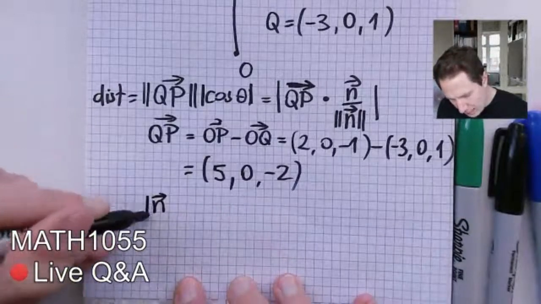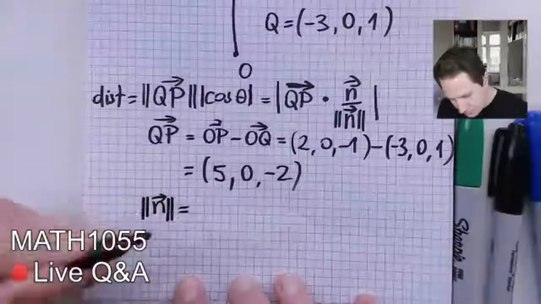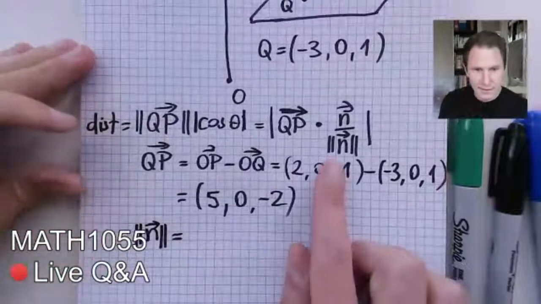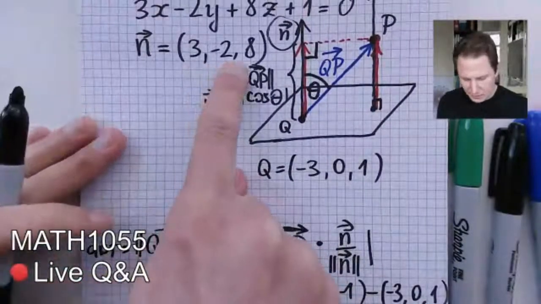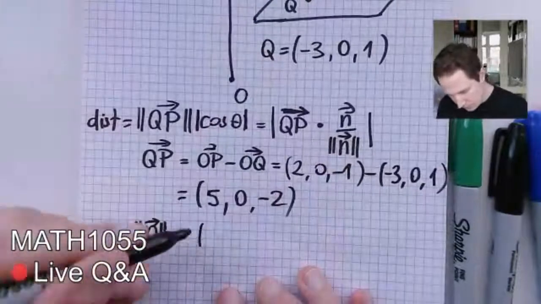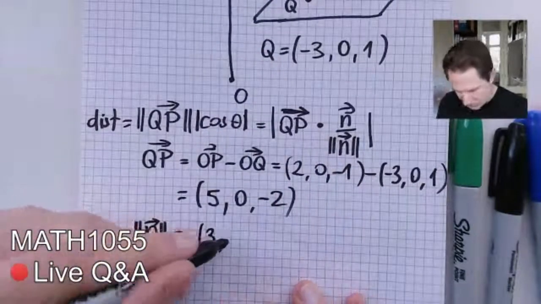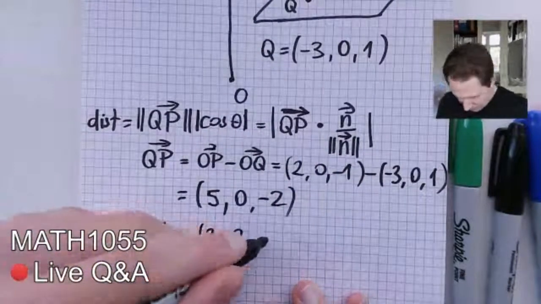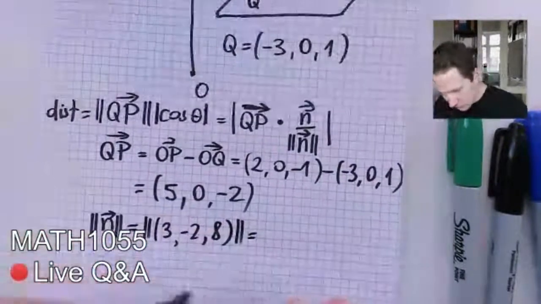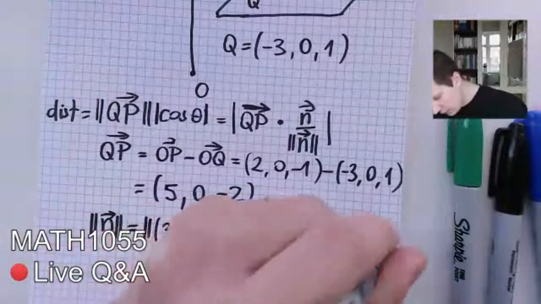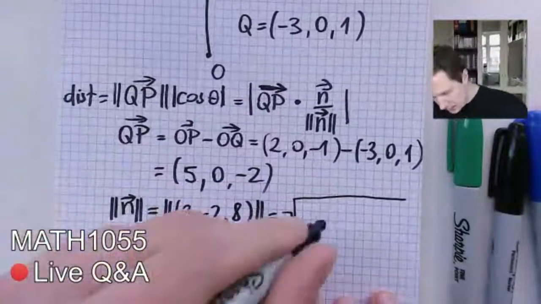Now let's look for the length of n. n is given by these coordinates. So we are looking for the length of the vector with coordinates 3, minus 2, and 8. This is just the square root of the sum of the squares of the coordinates.